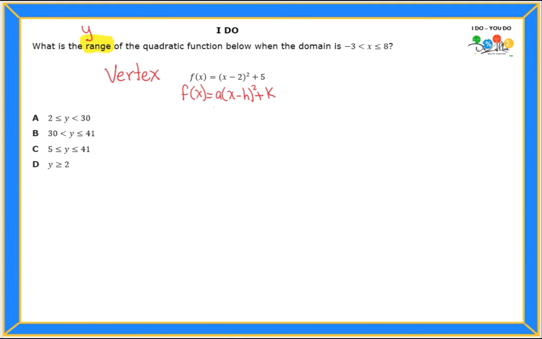Okay, so h and k will be my vertex, right? So my h is a +2, and my k is a +5. So now I know that my vertex is 2 and 5, which 5 is the number that matters for me, because remember that range has to do with y values, okay?